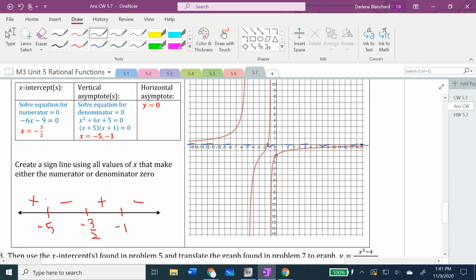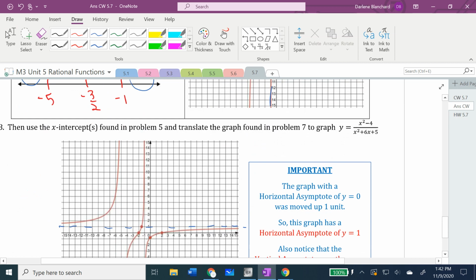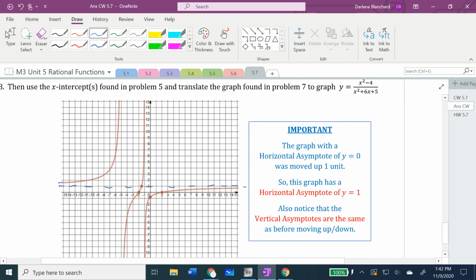So because I'm dealing with only positive to the left of negative 5, I am above that horizontal asymptote.